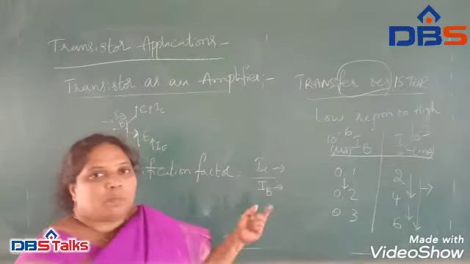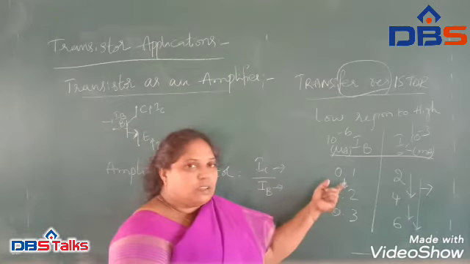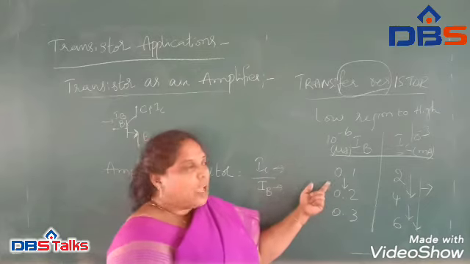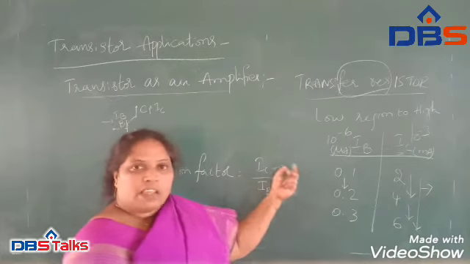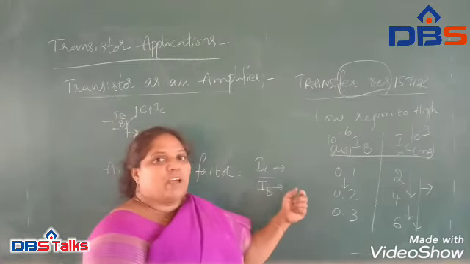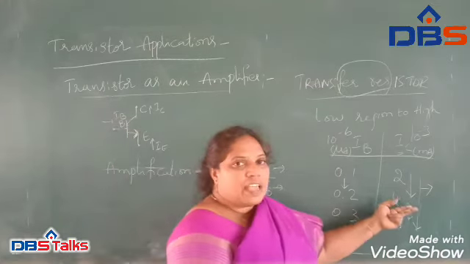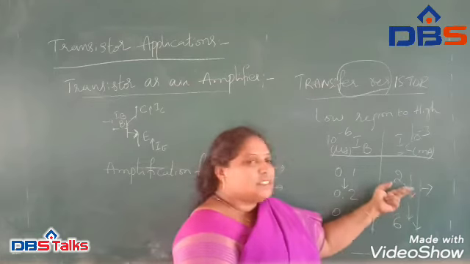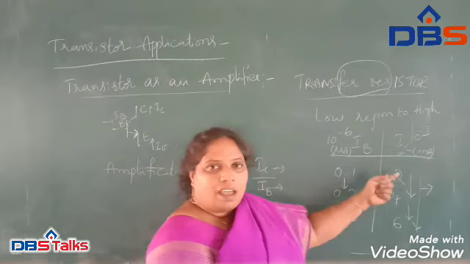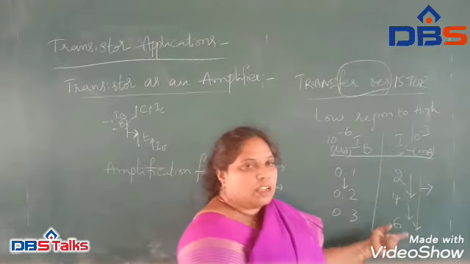How can we observe this practically? We can take these values. For IB, microamps means very small values, so the changes are also small. Whereas in the case of IC, it has large values, and the changes are also large.